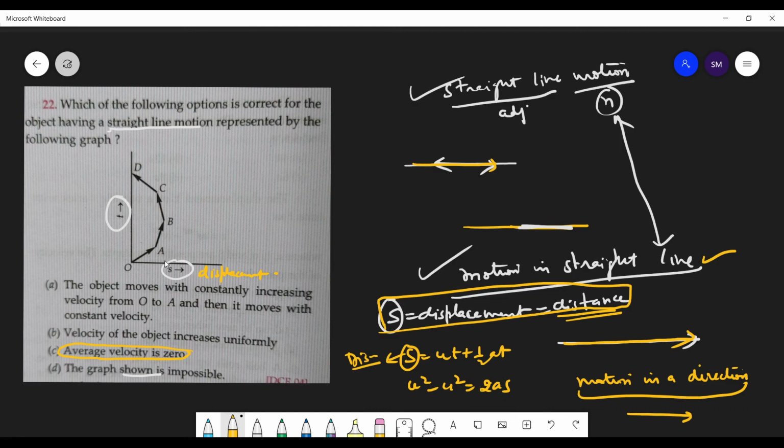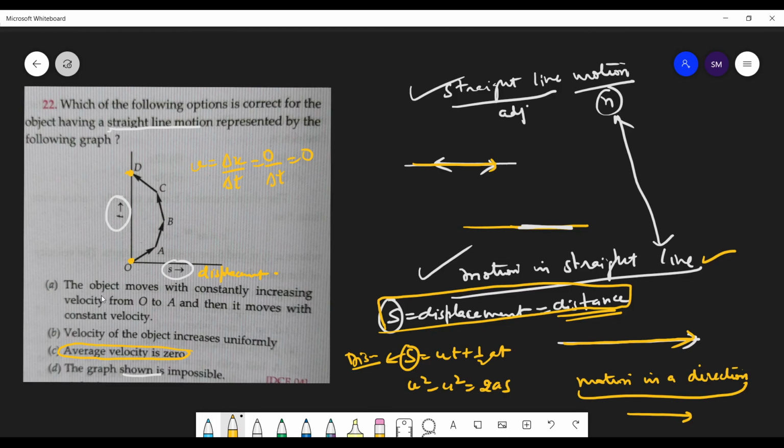Yes, if you are taking this as displacement, then average velocity definitely is 0. Okay. Because the displacement is 0 after time t. So velocity is equal to change in position upon change in time. So change in position, initial and final position are same. So that's 0. Okay. Now that's logical thinking.